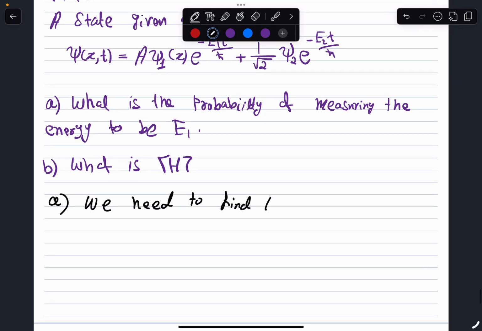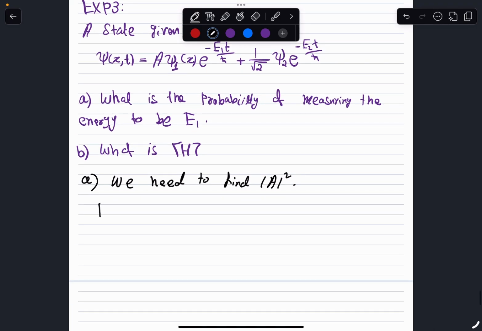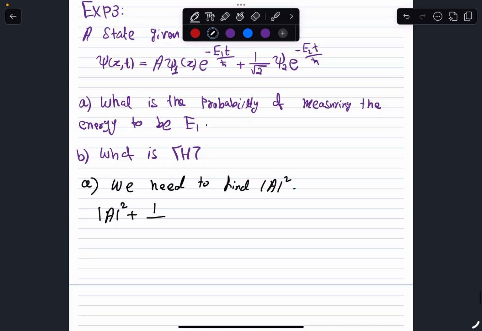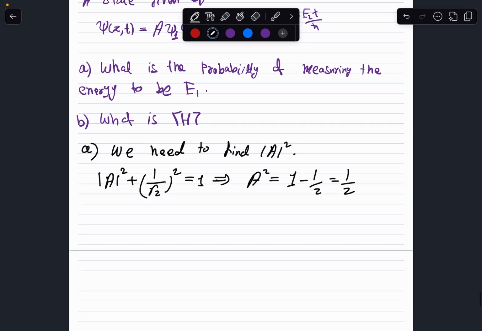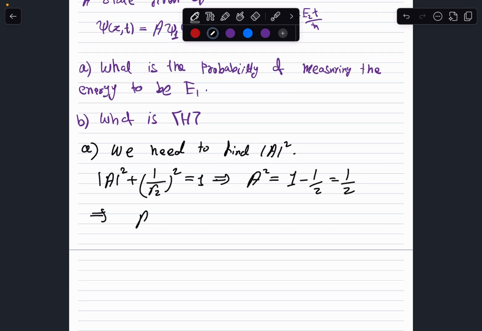C1 is A, so C1 squared is A squared, right? But we know that A squared plus 1 over 2 squared must add up to be 1. So A squared is equal, of course assuming that A is real, to 1 minus a half, which is a half.